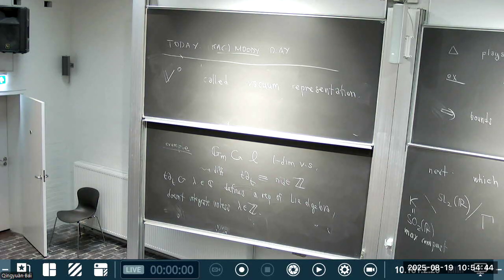Honestly, I still don't understand what it means to integrate. If you have a representation of the group, you can differentiate, and you get a representation of the Lie algebra. But not every representation of the algebra comes from a representation of a group.